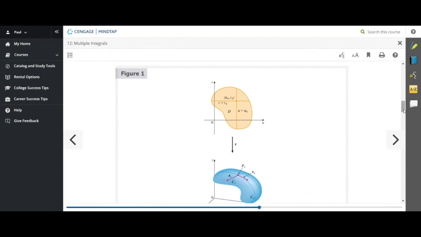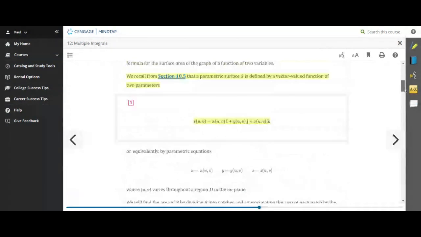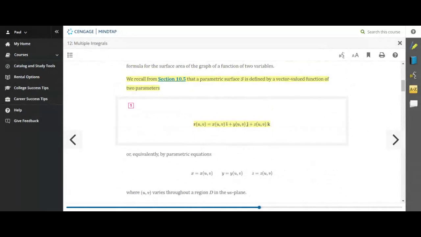If we go back a little bit here, recall from section 10.5 that a parametric surface S is defined by a vector valued function of two parameters.